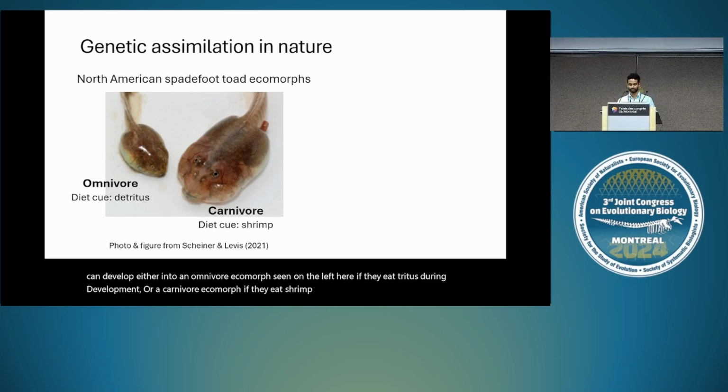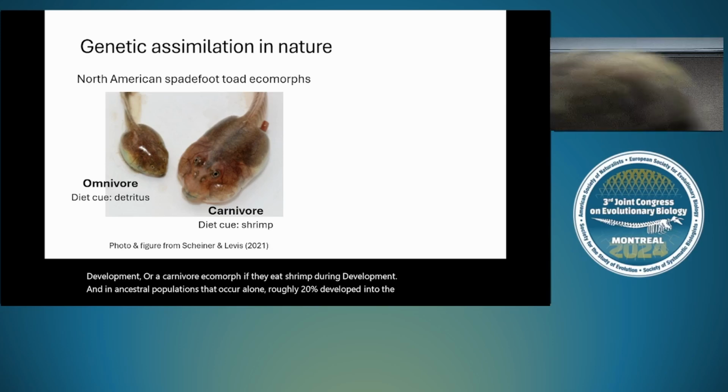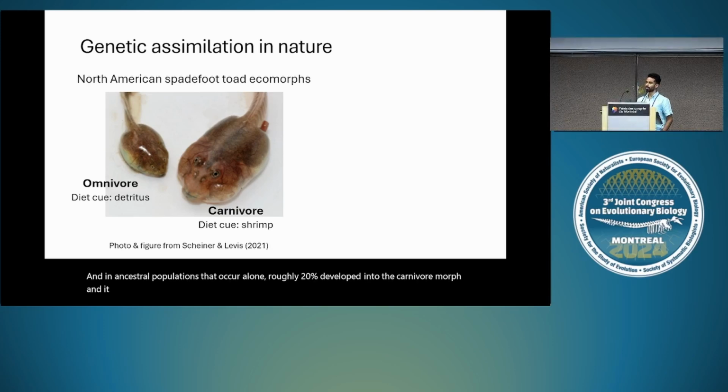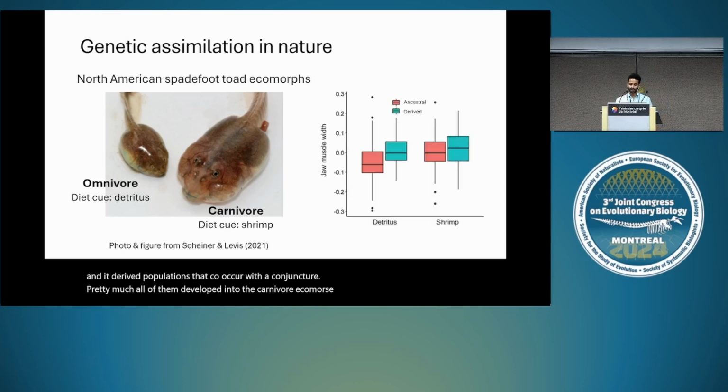In ancestral populations that occur alone, roughly 20% develop into the carnivore morph, and in derived populations that co-occur with a congener, pretty much all of them develop into carnivores. The derived populations hatch out as carnivores even when exposed to detritus dietary cues.